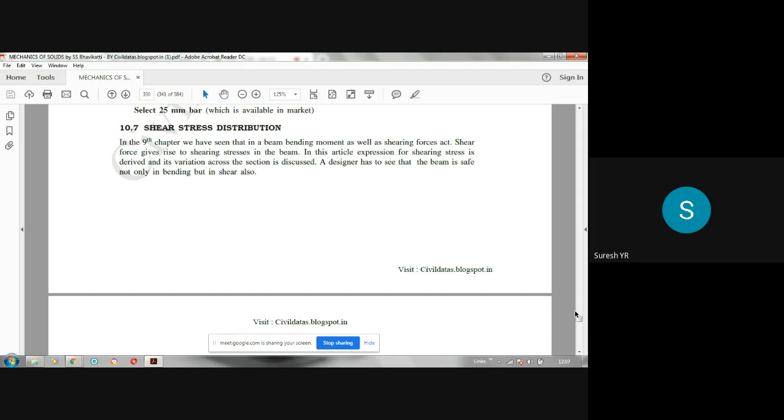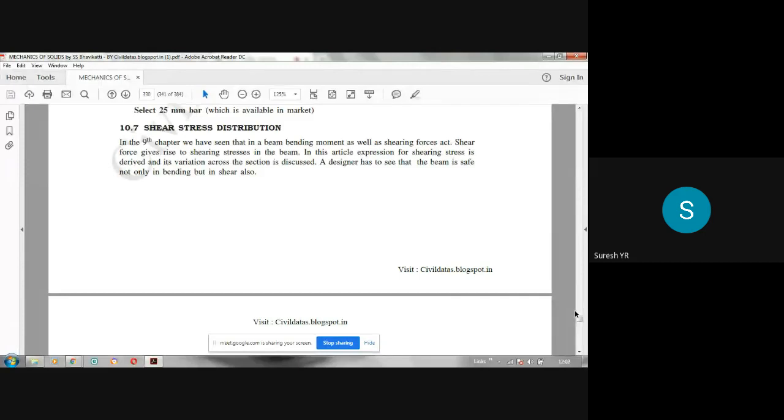So, shear force: how will that shear force have an effect on the shear stress? One thing you should keep in mind: shear force is an external effect, shear stress is an internal effect. Bending moment is an external effect. Moment of resistance or modulus of rupture is an internal effect. So they should be equal for equilibrium.